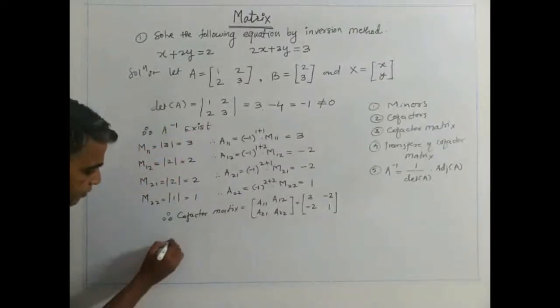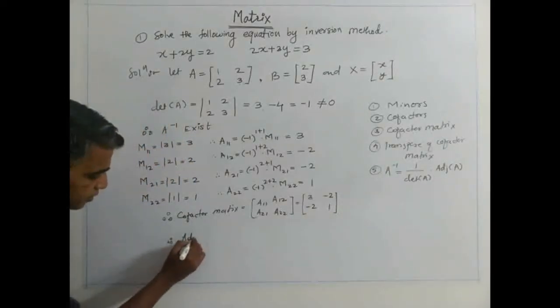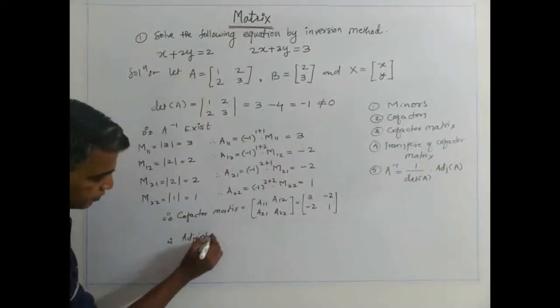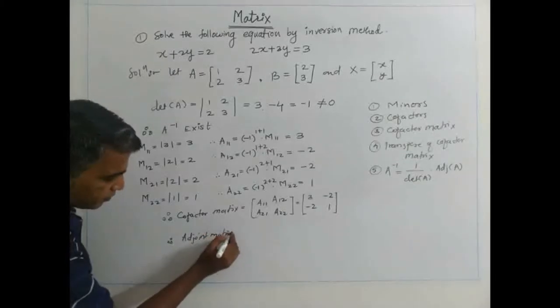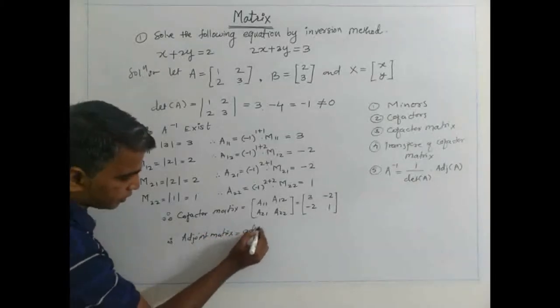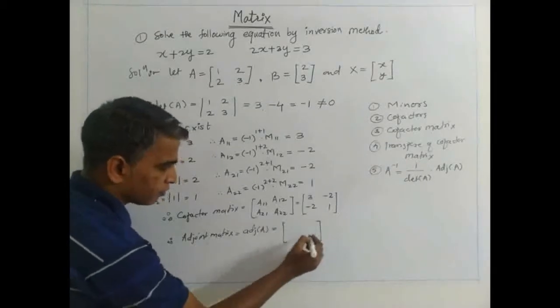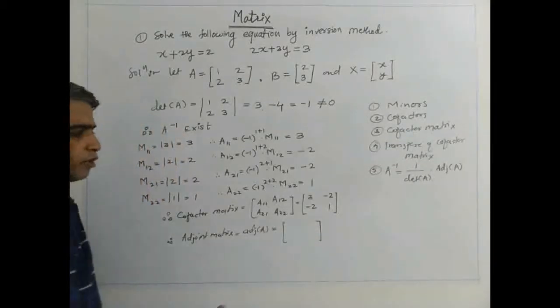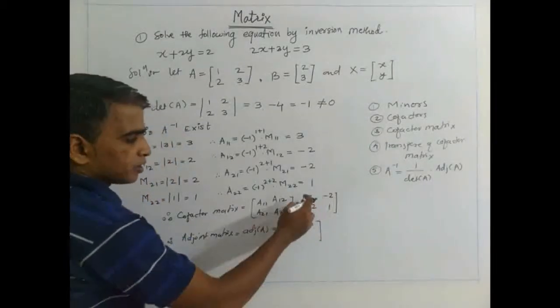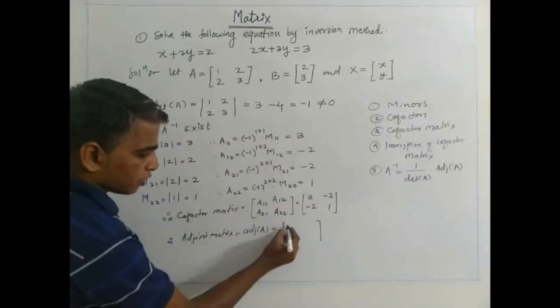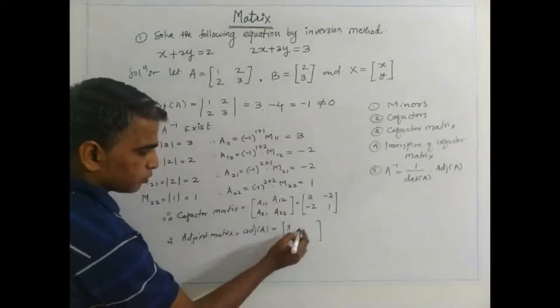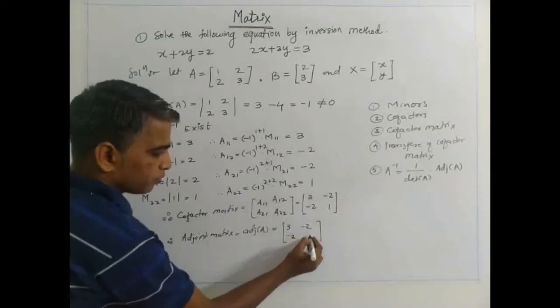The next part is finding the adjoint matrix. The adjoint of A is equal to the transpose of the cofactor matrix. Transpose of the cofactor matrix means writing the rows as columns: 3, minus 2, minus 2, 1.